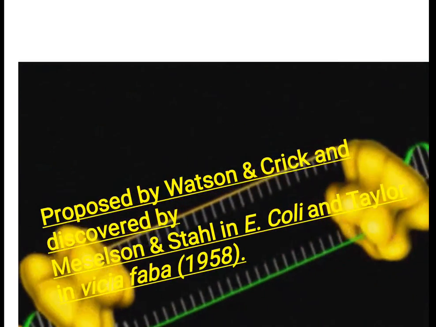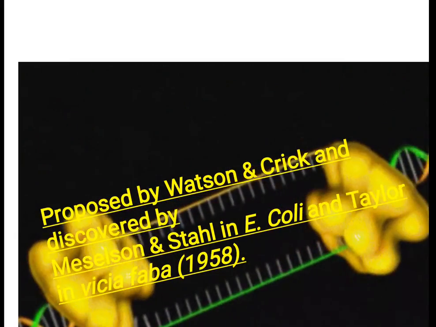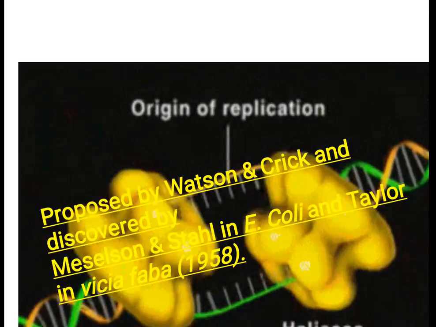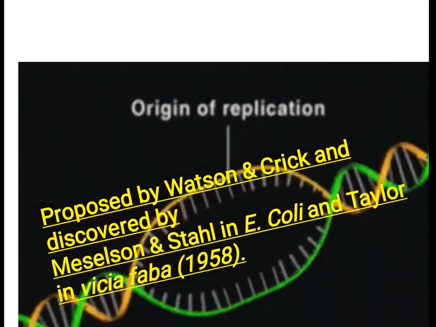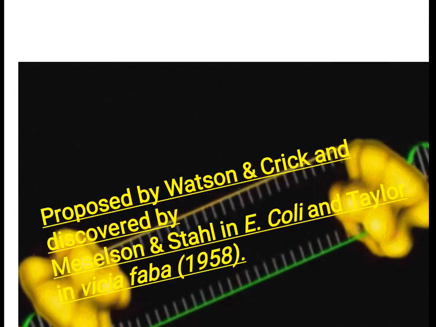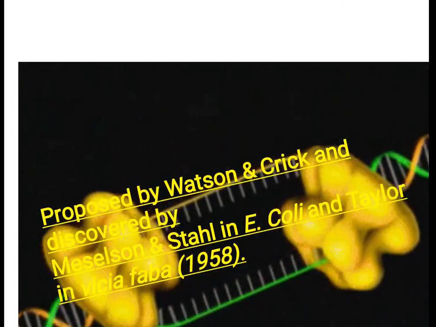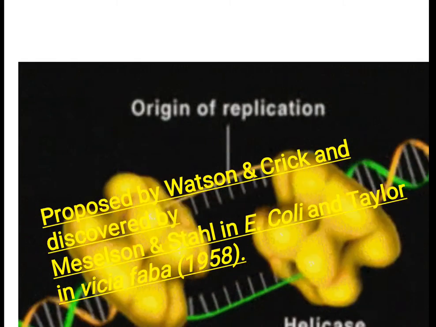When they took out the results after the replication, they found that about half of the newly generated DNA contained the radioactive isotope, clearly suggesting that half had come from the first generation and half was synthesized.